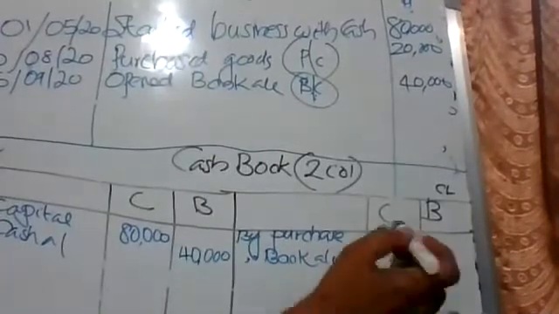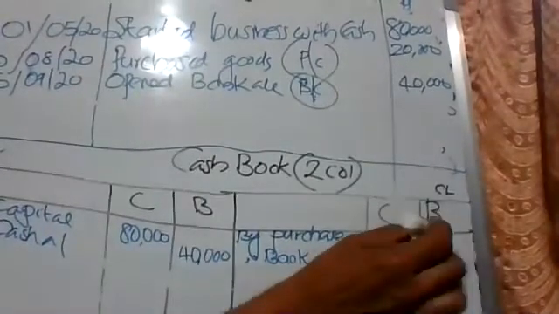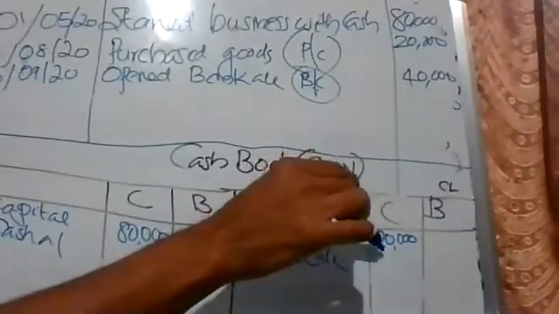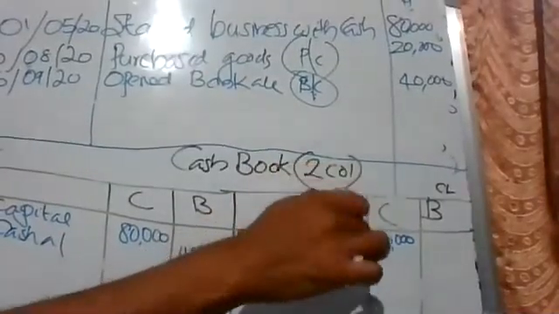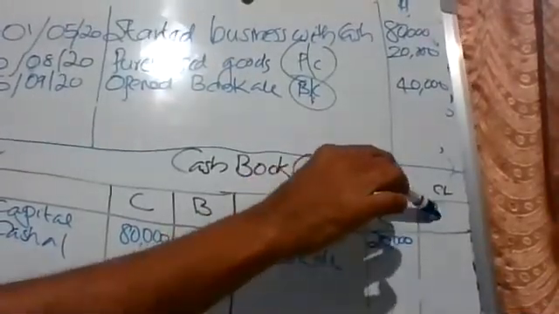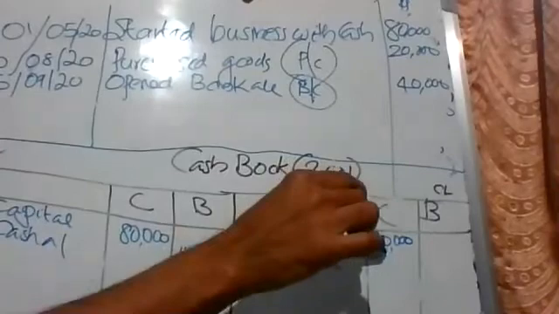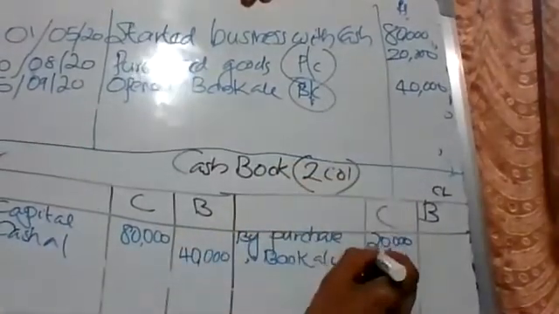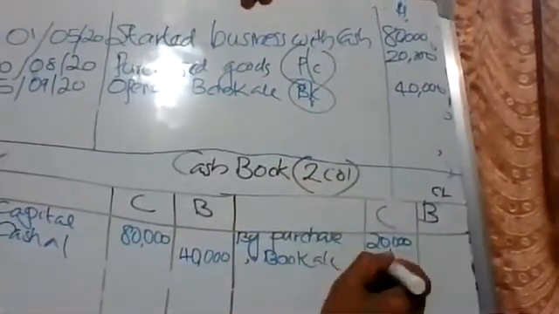In cash account, we will write cash account here. Okay, here we will write. Are you seeing? This is a cash account, this is a bank account. Yes, sir. Cash account, we will write by bank. I already wrote by bank, just write the amount.